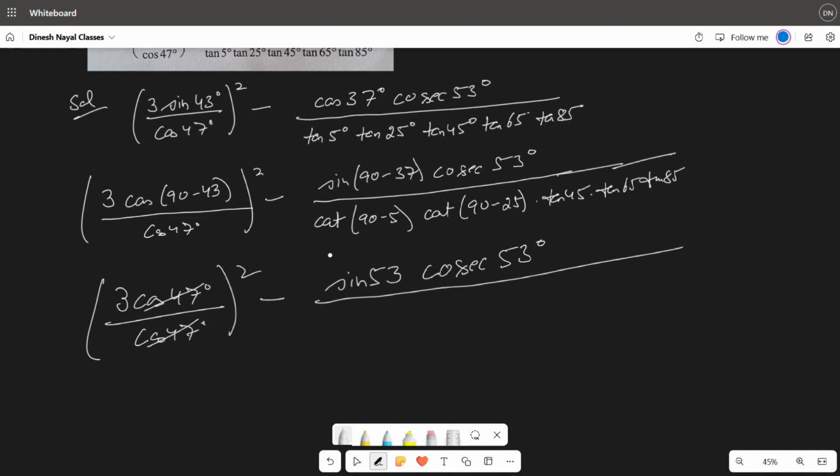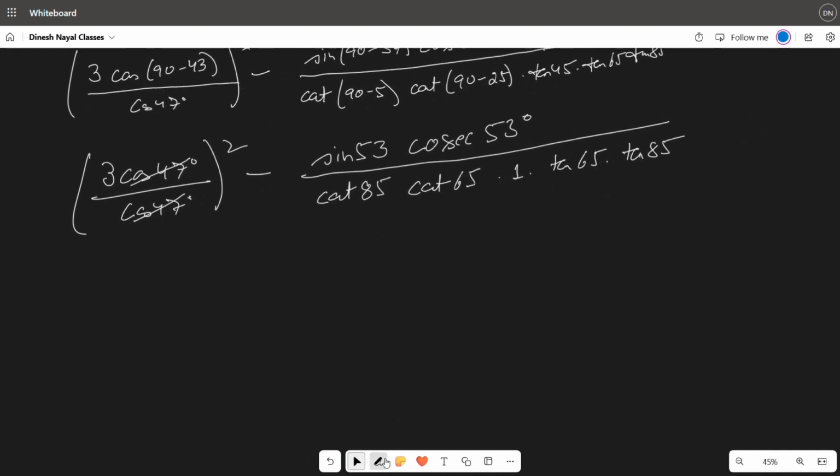Now what is cot 90 minus 5? 90 minus 5 is 85, so cot 85. 90 minus 25 is 65, so cot 65. Tan 45 degree is 1, just write 1. Then tan 65 and then tan 85.